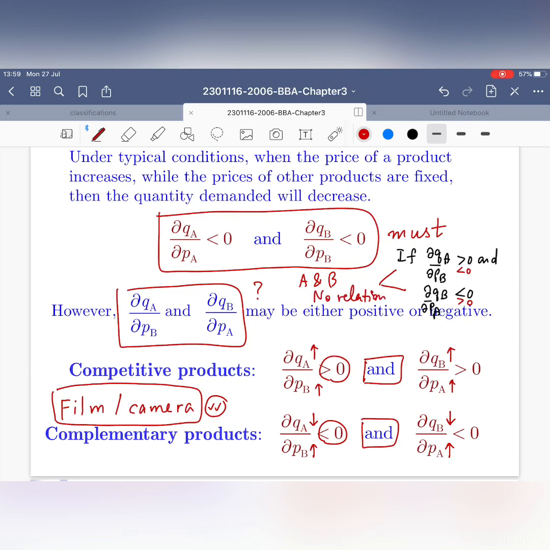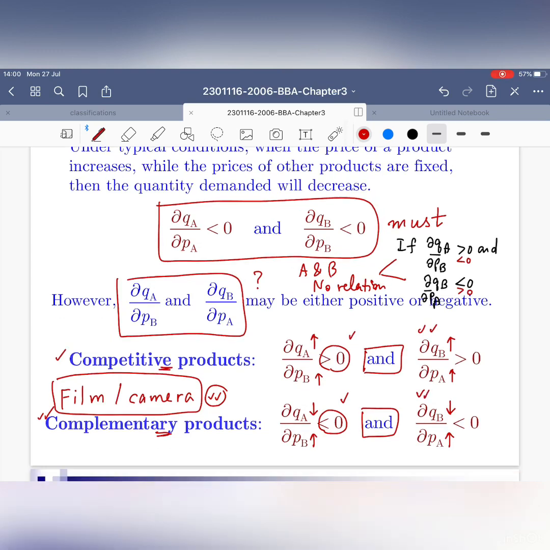It is not competitive, it's not complementary. So either competitive or complementary, you need to check both. It has to satisfy the same direction for both.